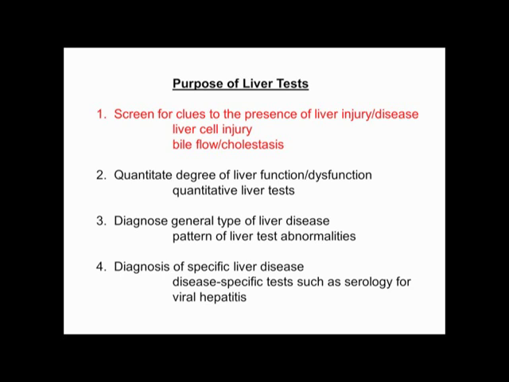Then you actually use pattern of liver test abnormalities to start sorting liver disease into groups. And this is a lot easier than diarrhea, I promise. Finally, there's diagnosis of specific liver diseases. The other lectures you're going to hear in the next couple of days will talk mostly about those.